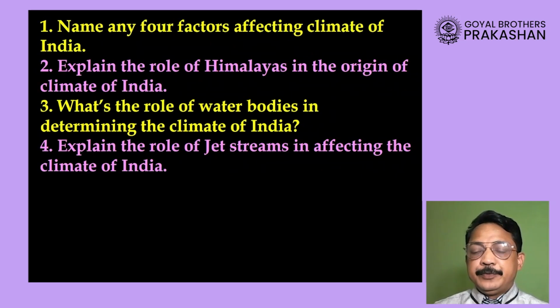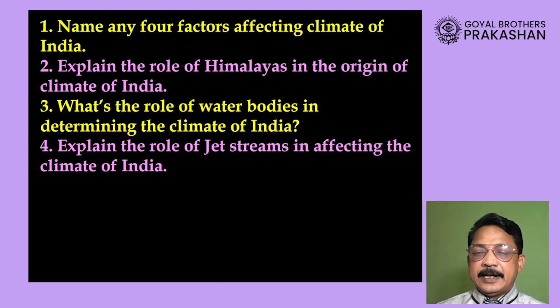These jet streams, which are the upper air circulation, bring Western Disturbance to India and cause rainfall in Punjab and Haryana during winter, and they cause snowfall in Jammu and Kashmir in winter.